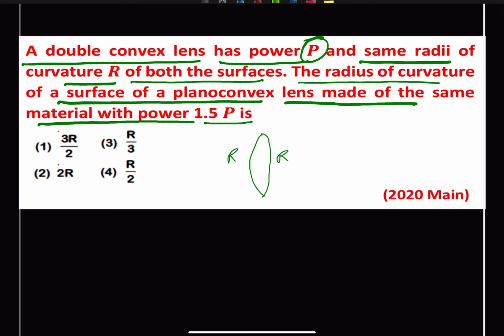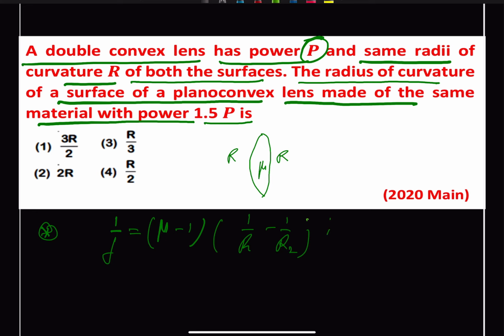So we can use the formula for the power, for focal length, and we know that 1 upon f will be equal to (mu of lens, suppose it is refractive index mu, minus 1) times (1 upon R1 minus 1 upon R2).